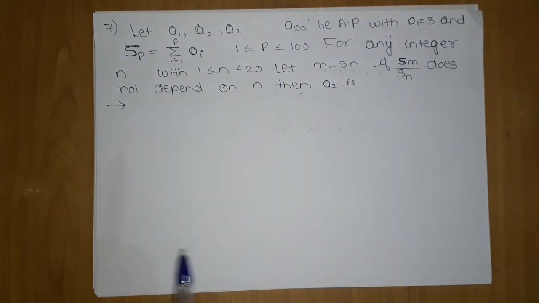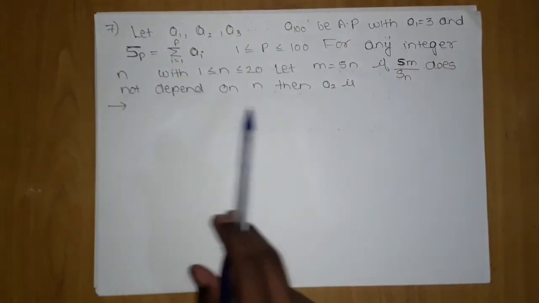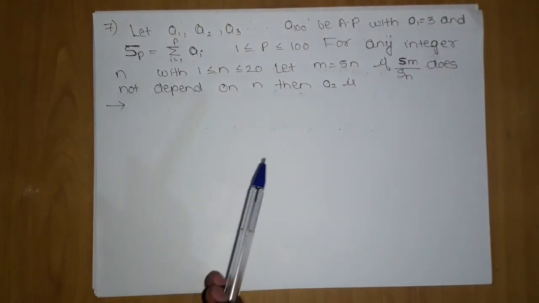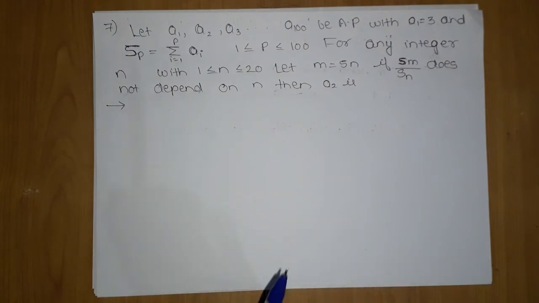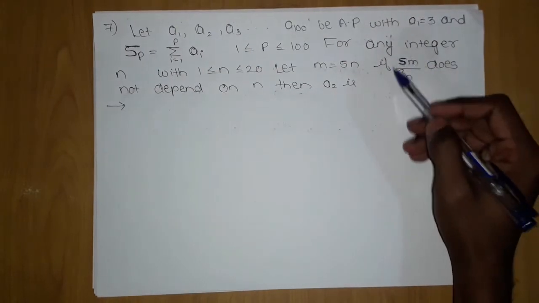For any integer n between 1 and 20, let m equal 5n. Then they are telling that the sum of m terms upon the sum of n terms does not depend on n. Then we have to find a2. The basic idea is that we want to get the sum of these two.